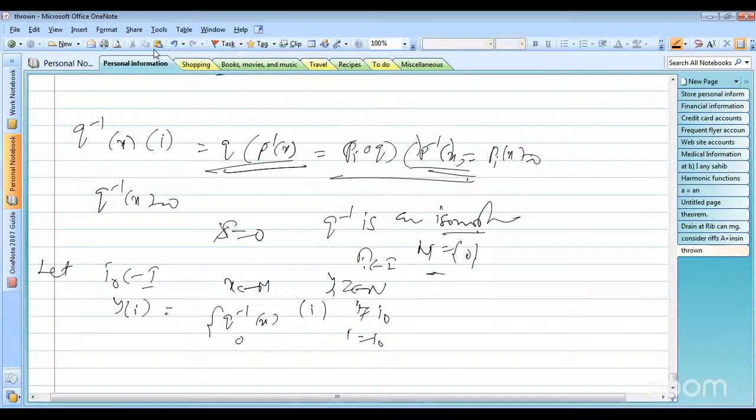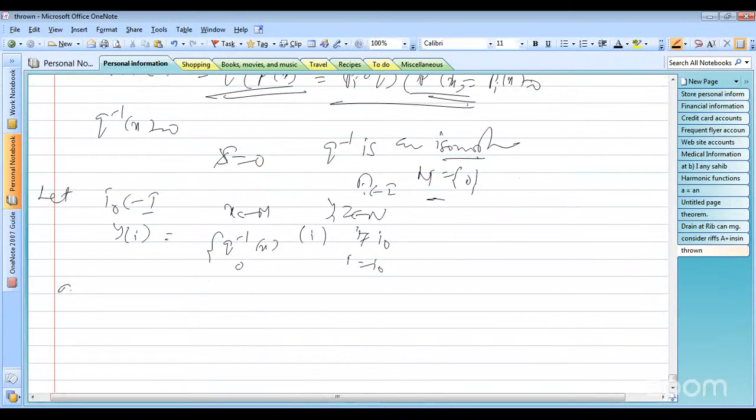This is the other one we are taking here. And z of i is equal to 0 for i equal to i naught, and q inverse of x for i not equal to i naught.